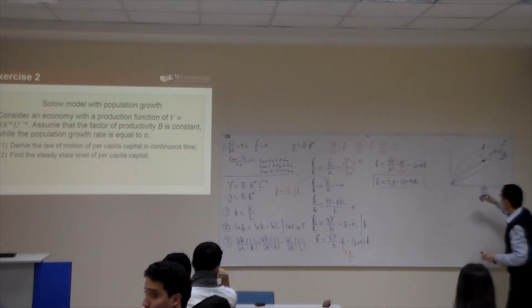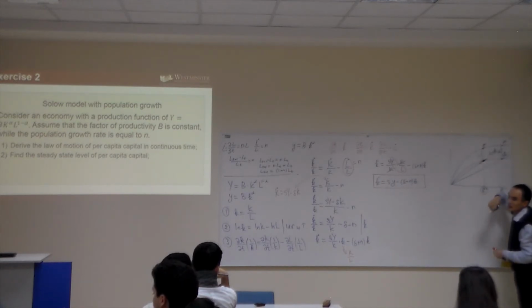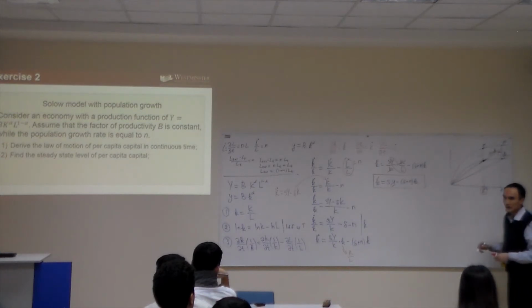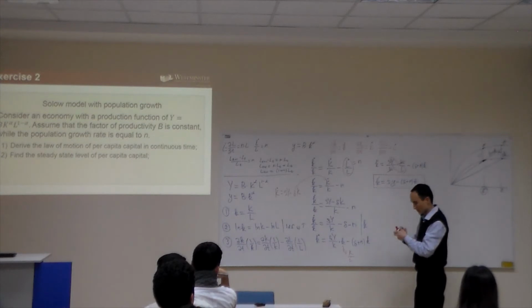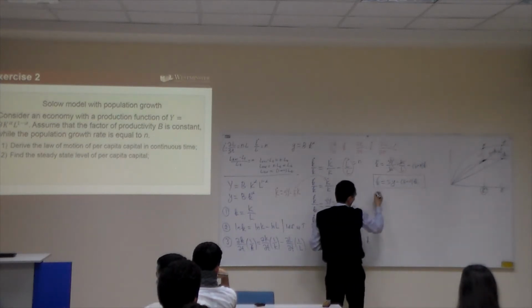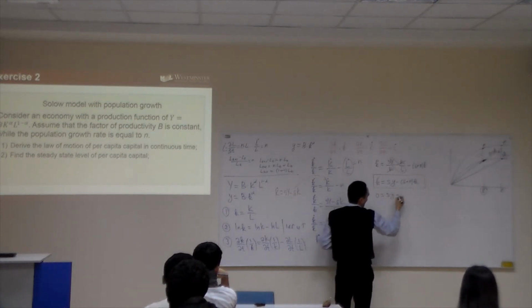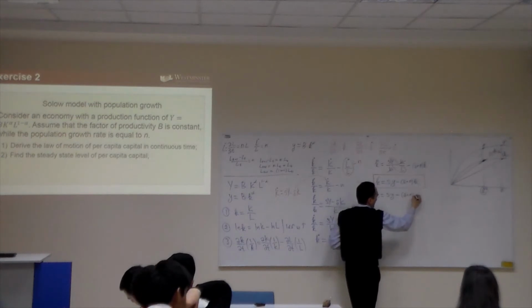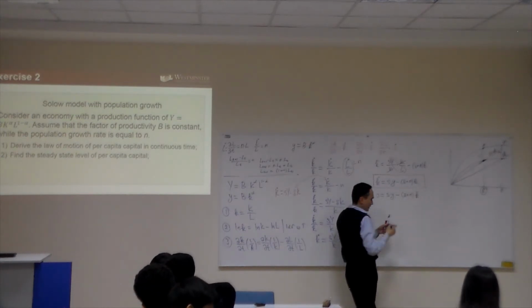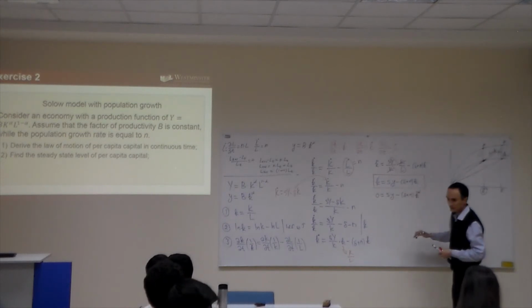Okay? So we said that when it reaches steady state, investment and depreciation are the same, so there is no change in per capita capital. It means that it is equal to 0, yes? Change in capital is equal to 0, equal saving rate times per capita Y minus depreciation plus growth in population times per capita capital in steady state level.